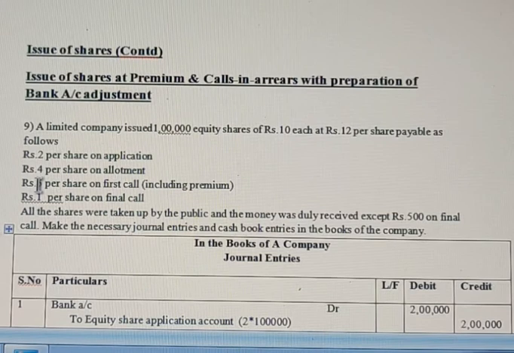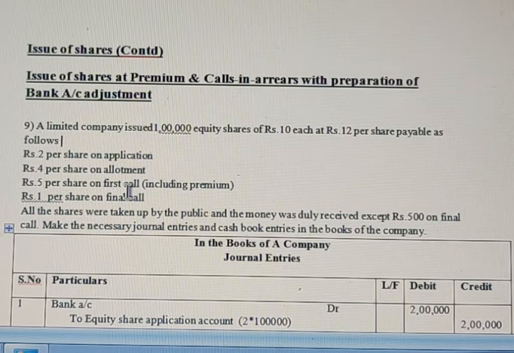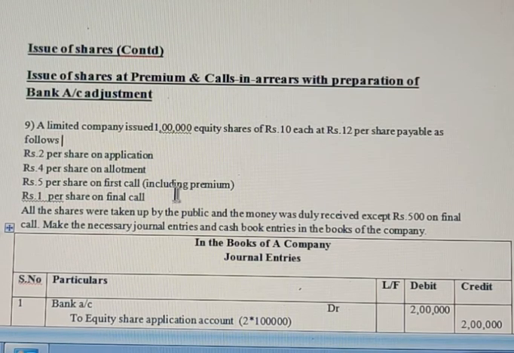Going further, how this 12 rupees has been collected: rupees 2 on application, rupees 4 on allotment, rupees 5 on first call stage. Here for the first call, they are telling in the bracket, including premium. So the premium of rupees 2 will be collected along with the first call money, amounting to a total of 5.